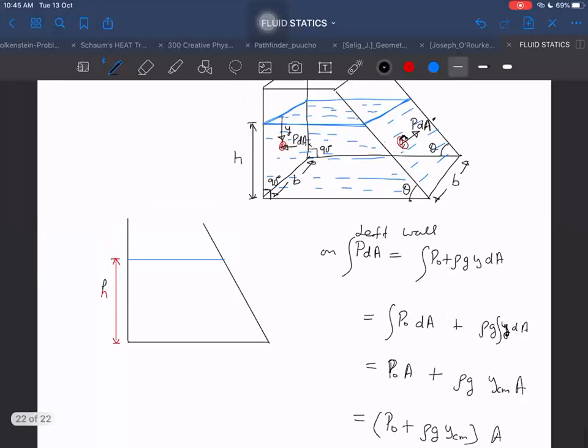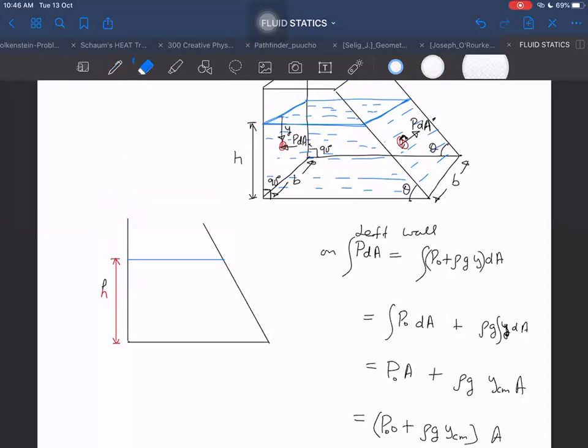What is it? Is it P naught? Yes, sir, pressure P naught into dA. In the first step you did the bracket: P naught plus rho g y into dA.